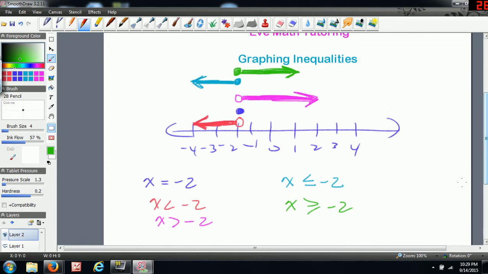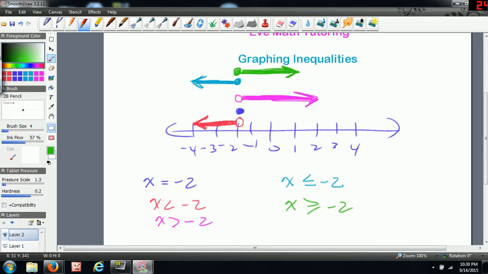Now this here is just a point really, actually. It's not an equation. When I say equation, that's not really correct. This is actually just a point, representing only a point on the number line because x is equal to a specific point. But these here are representing everything that is less than -2, so all the numbers that are less than -2, and this here is all the numbers greater than -2, so it's including all those numbers.